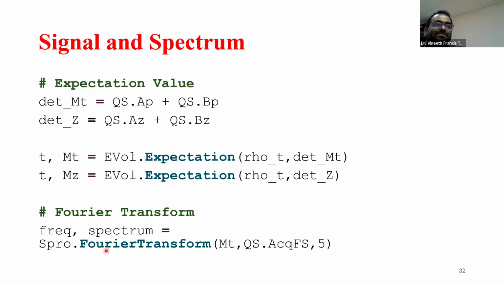And if you want to Fourier transform, we use the function defined in the signal processing module. You give the argument as your magnetization, and your 1 by dt, the resolution in frequency domain. And this number means you're padding zeros 5 times the size of the array of this transverse magnetization.